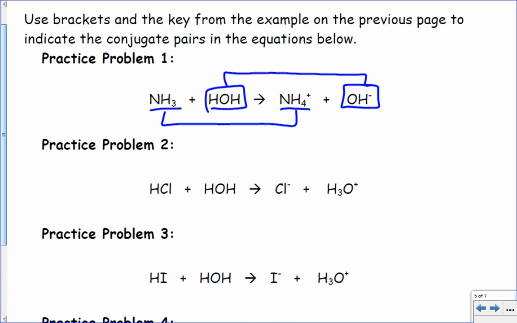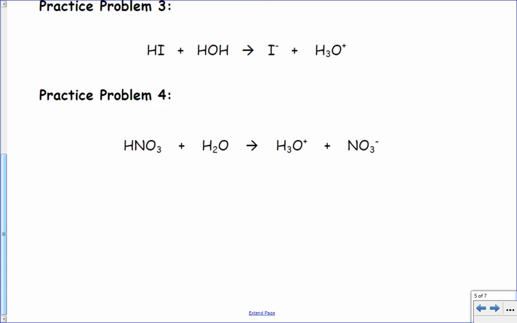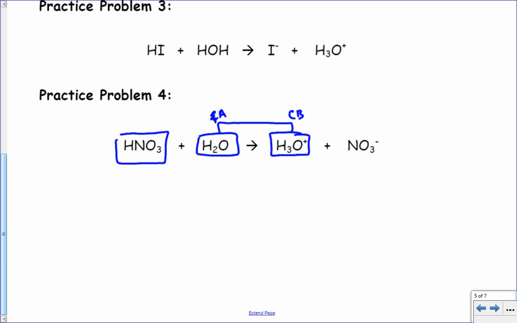And let's go down. I'm going to do 4. Okay, H2O is going to accept. Okay, so here's the conjugate base, conjugate acid, the acid, the conjugate base, and HNO3. HNO3 is going to lose the H here.